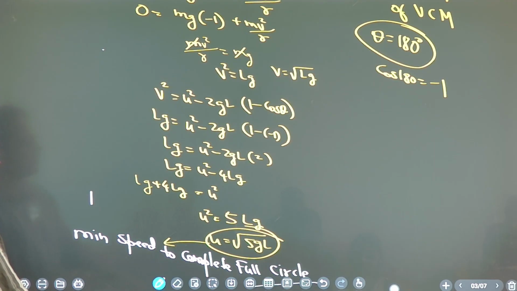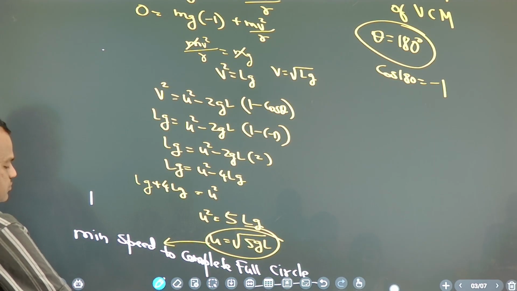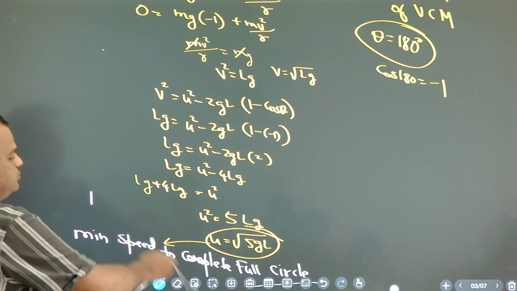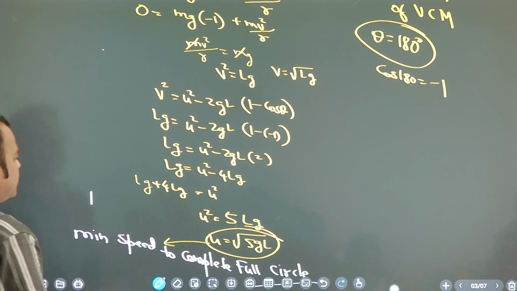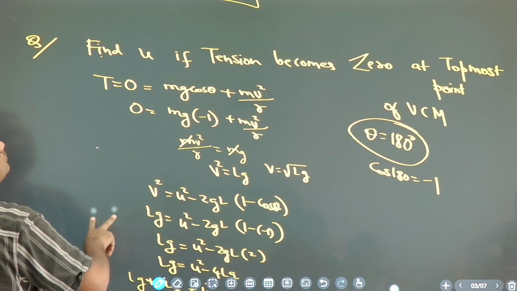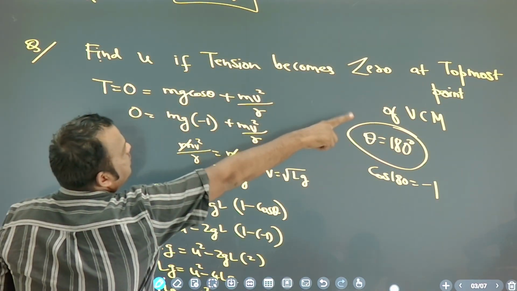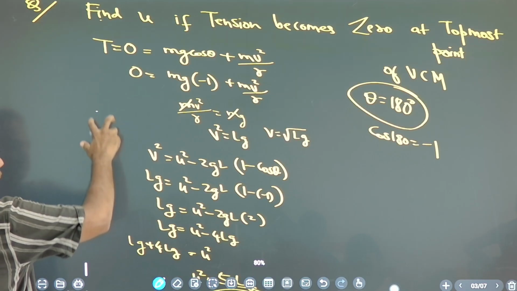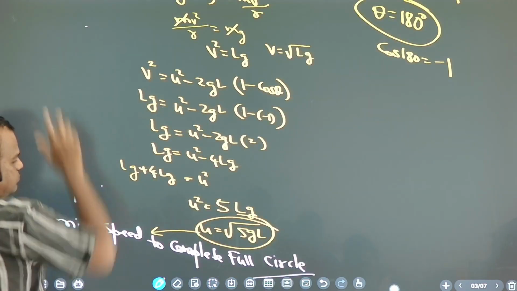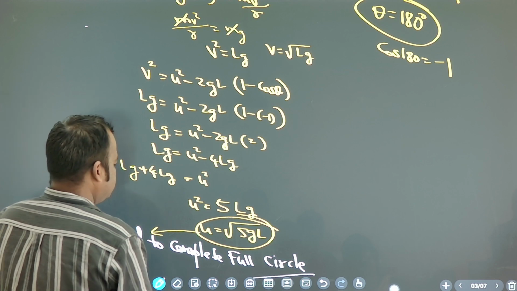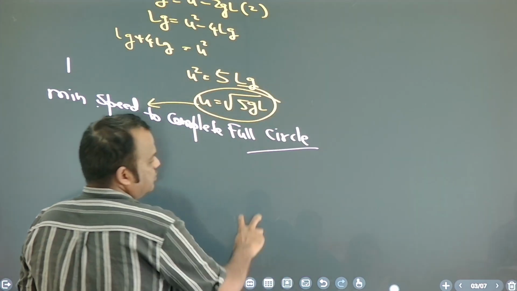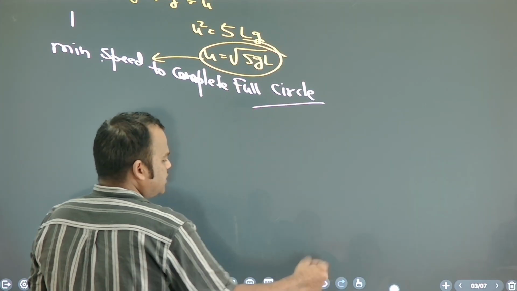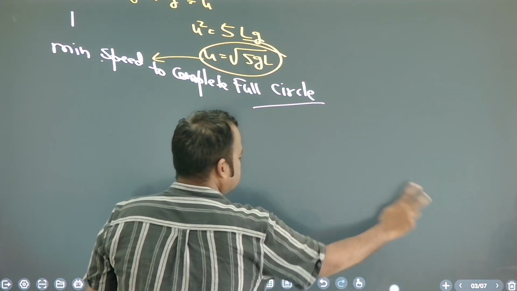And what is tension at the top? 0. Minimum tension at the top. Tension becomes 0 at the topmost point. So this topic is over. Just one question. Okay, no doubt.